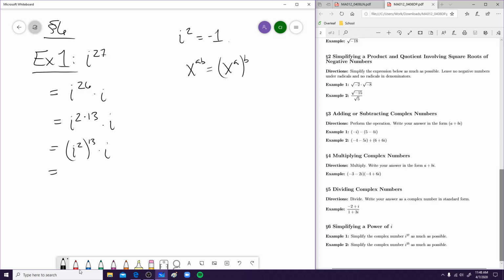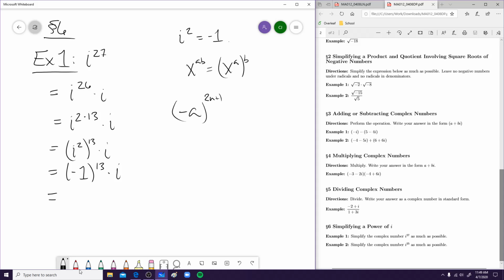Right? So what do we know about i squared? i squared is -1. So now we're going to have -1 to the 13th and then bring down this i. So -1 to the 13th: a negative number to an odd power, like 2n plus 1.